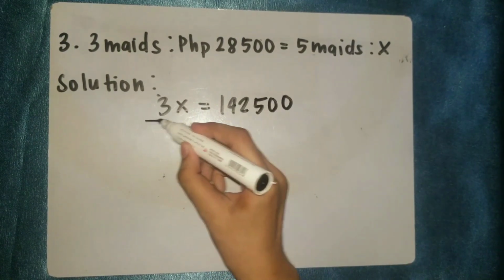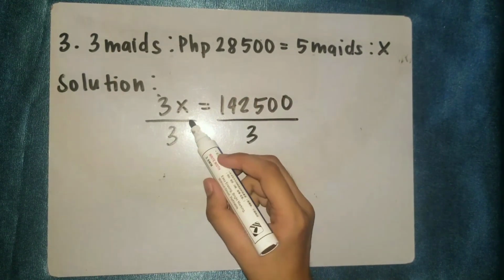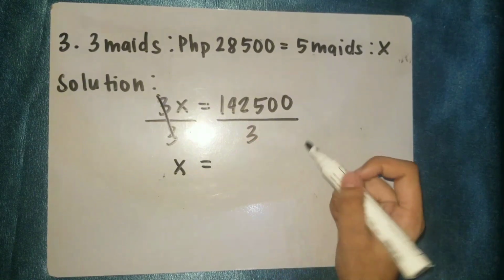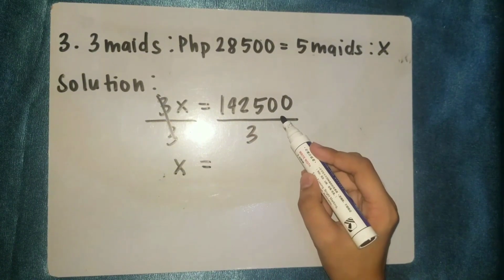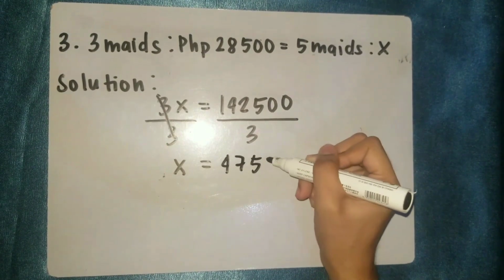Divide 3 by both sides. 3x divided by 3 equal x. 142,500 divided by 3 equal 47,500.